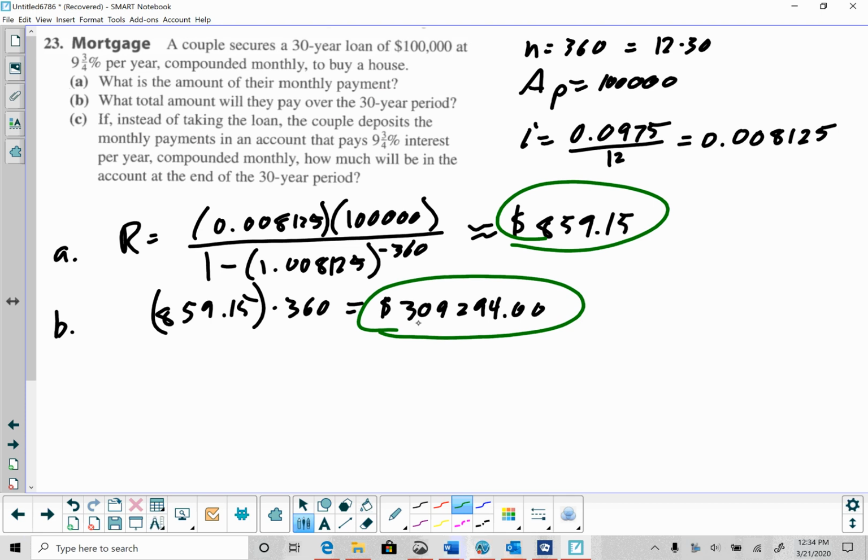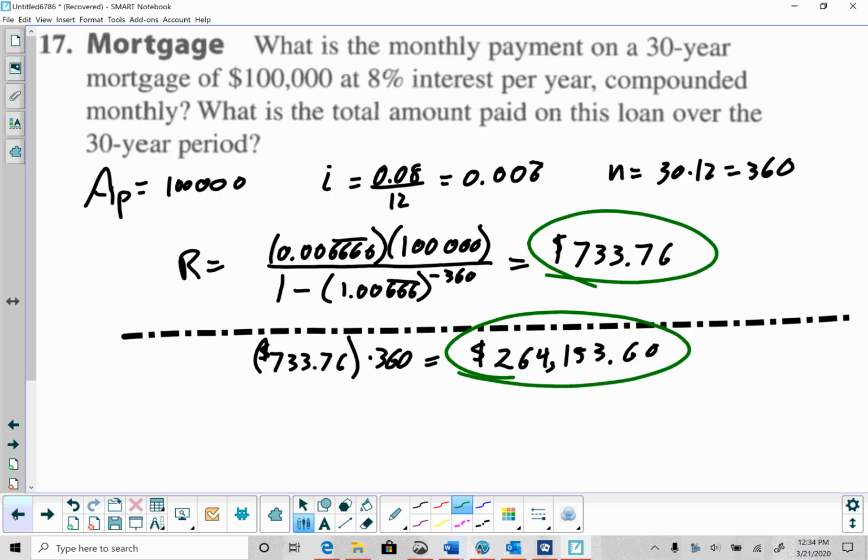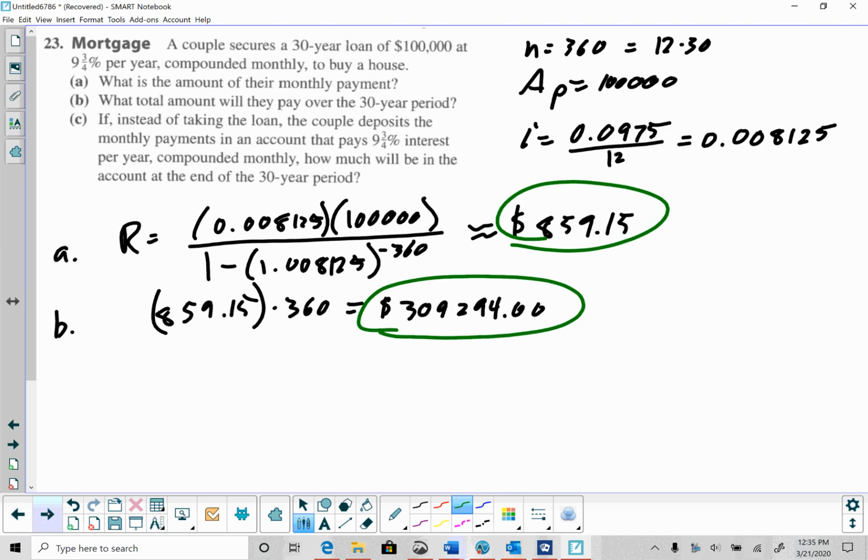Just comparing here, no, part C, I haven't done that yet. Just comparing here 23 to what we looked at with 17. Same amount, same monthly payments, same term of 30 years, 8% interest compared to 9.75% interest. That's a big difference there in the amount of interest that's being charged. Okay.